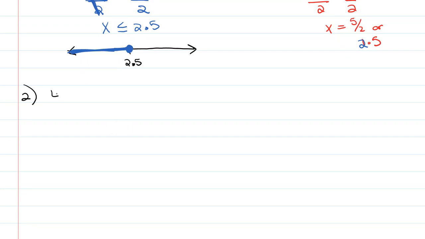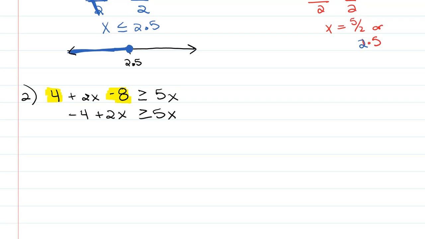All right, so this time we're going to have 4 plus 2x minus 8 is greater than or equal to 5x. I notice on the left I have like terms that are on the same side. So I'm going to do 4 minus 8 to get negative 4 plus 2x is greater than or equal to 5x. So I took positive 4 minus 8 and got negative 4.